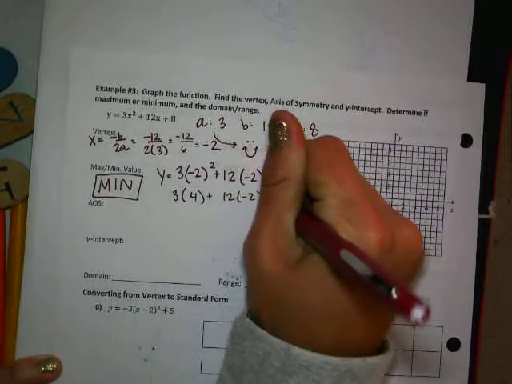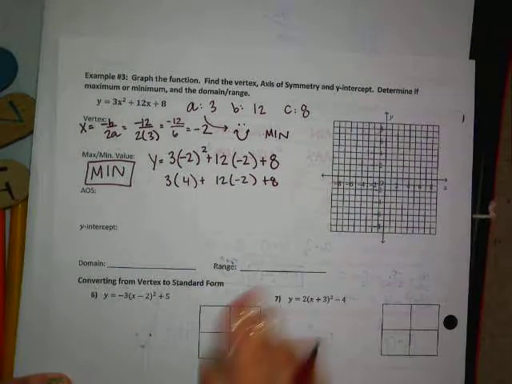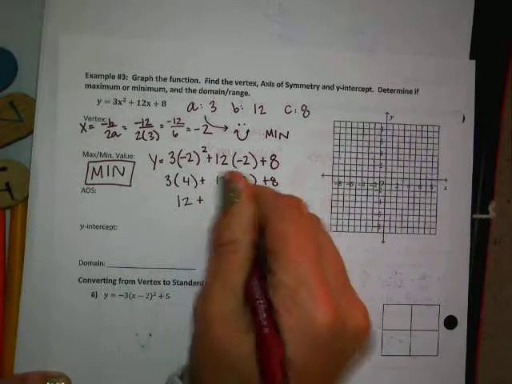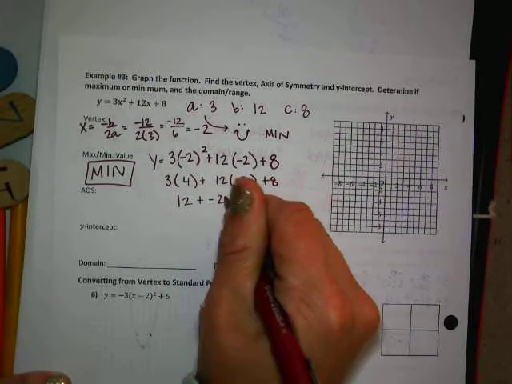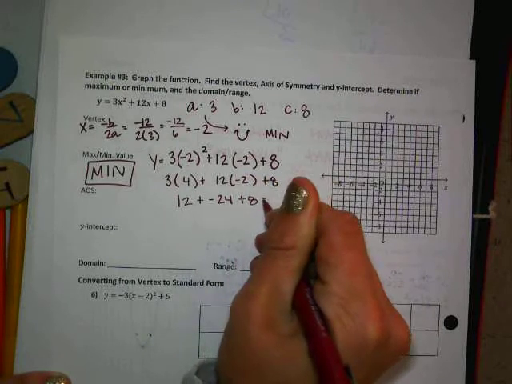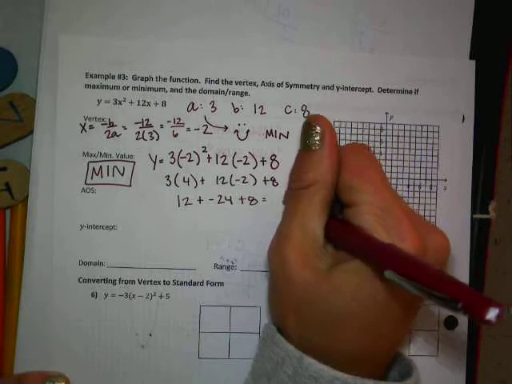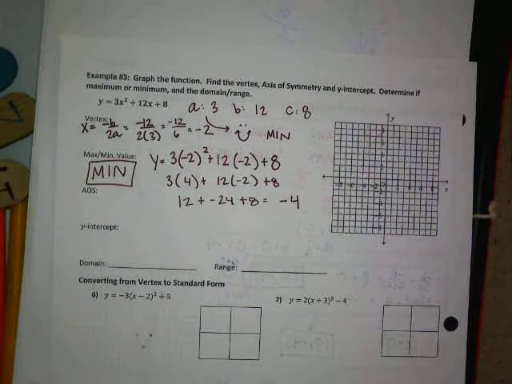Okay. Make sure you do the exponents first. Now, Ariana, 3 times 4? Plus 12 times negative 2? Plus 8. Okay, and then 12 minus 24 plus 8 is negative 4.